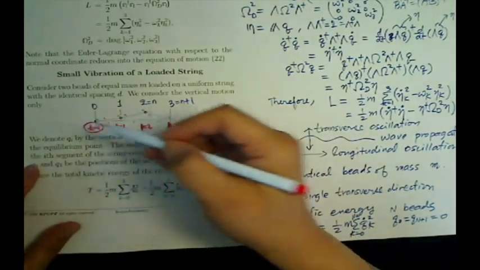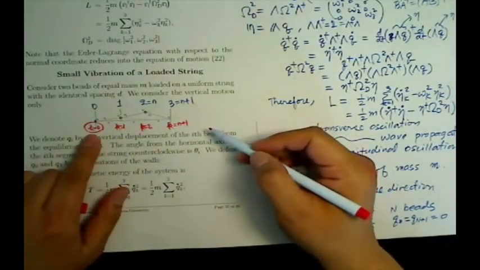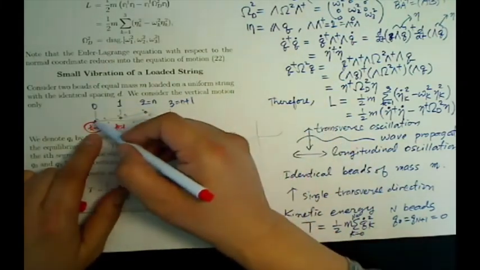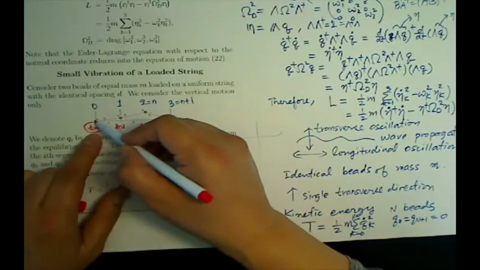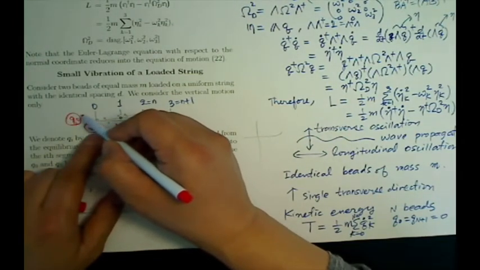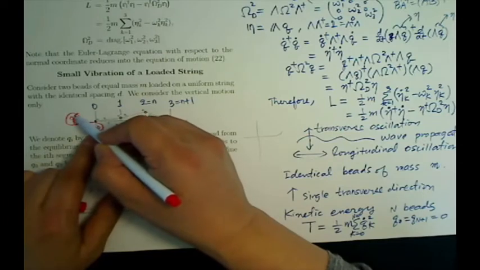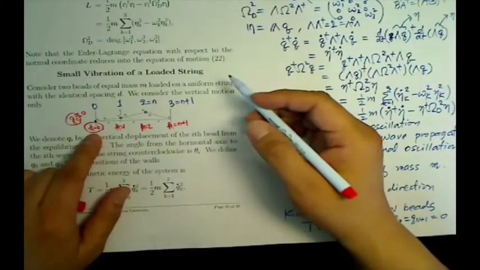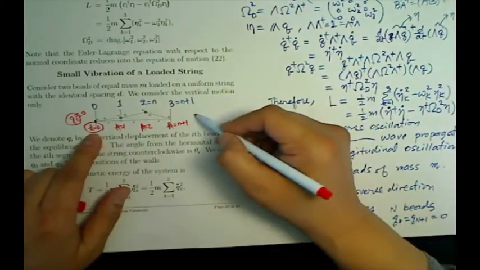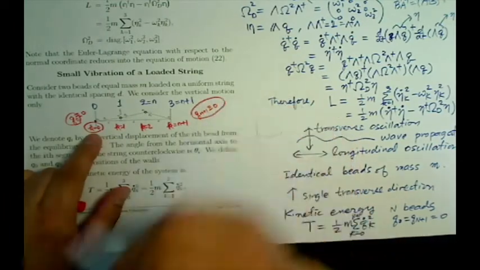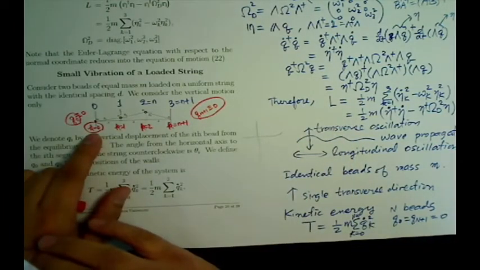So k equals 0 is the initial particle's position, but that is fixed on the wall, and there is no displacement at all. So we can introduce Q0, but Q0 is exactly 0 for any t. In addition, we have Q n plus 1 exactly 0 for any t.